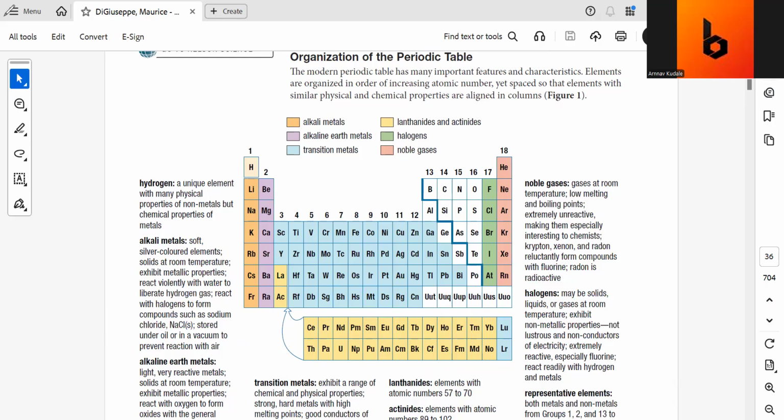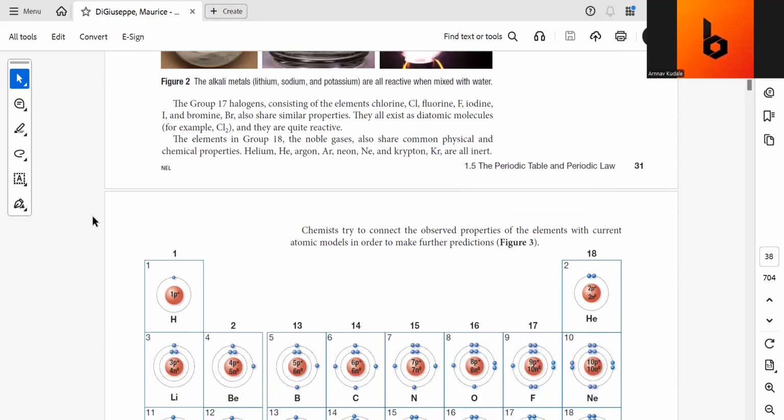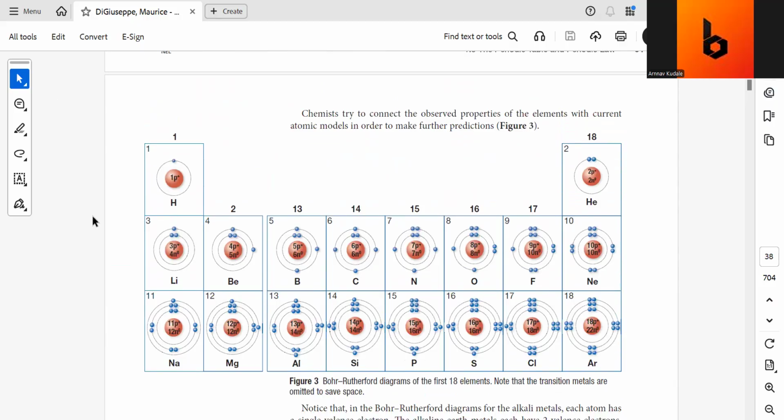Now let us understand this. If you look at the first period, second period, third period, what do you notice? The number of shells. They increase by one.